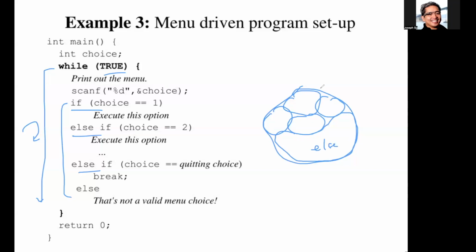So this entire problem space is covered with if and else. And you want to make sure that at the end, regardless whether you have the break here or there, you want your flow control to exit this entire loop. Otherwise, you'll continue to run this program to its infinity. At some point, your computer is going to run out of memory or your computer will freeze.